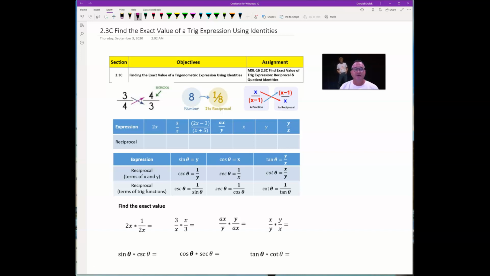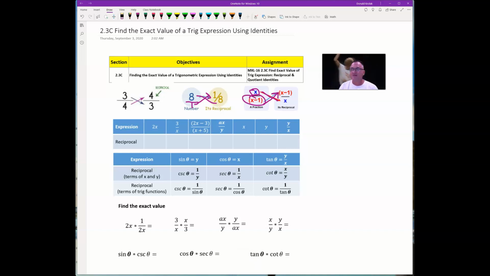If it's not a fraction, we can simply turn it into a fraction, and then again reverse the numerator and denominator, flip it in essence. It doesn't matter what it is, we just take whatever the numerator is, move it to the denominator, and take the denominator and move it to the numerator.